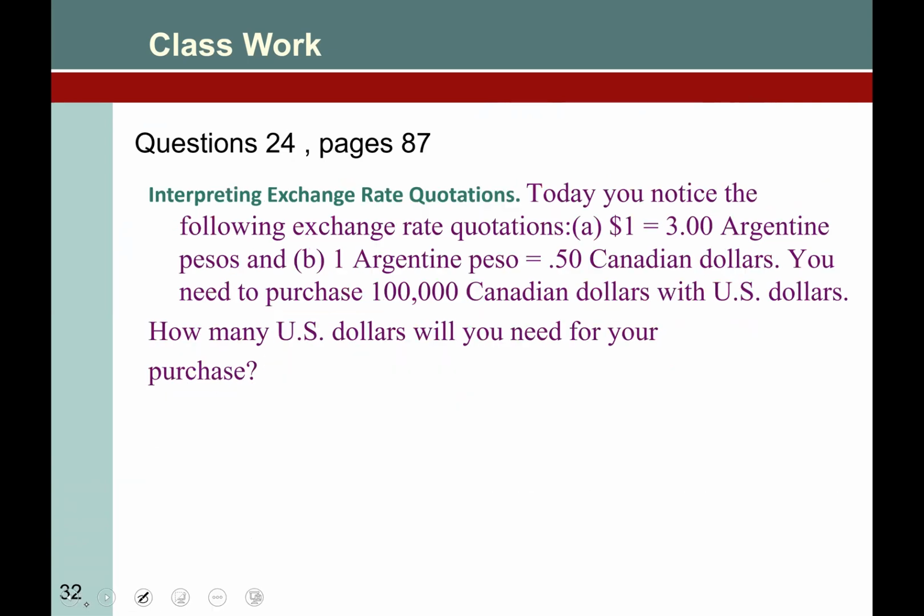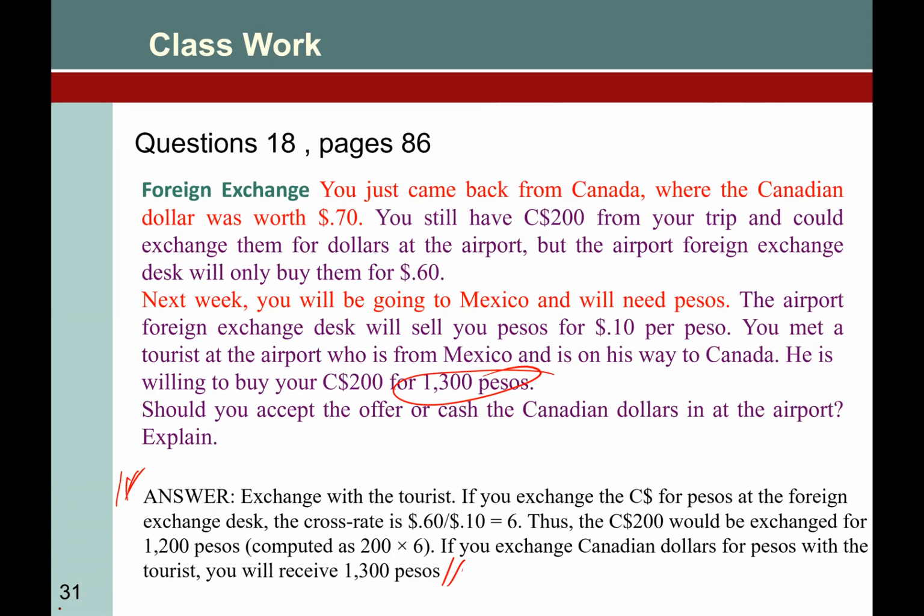I have a question. Can you explain again why we're looking for pesos over Canadian dollar? Yes. In our ratio lecture that I gave you, we have numerator over denominator. So in finding the foreign exchange rate, the currency of interest should be in the denominator.